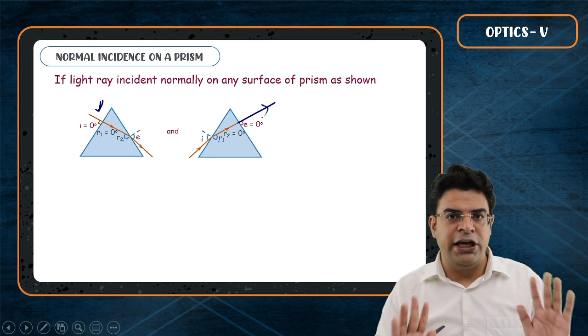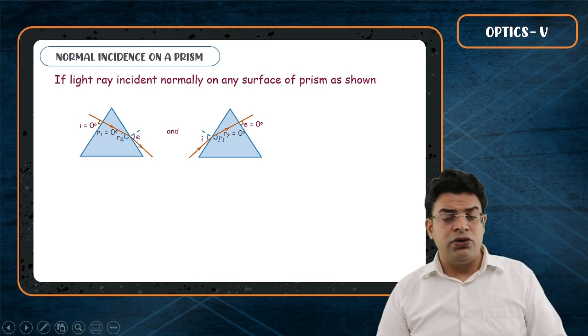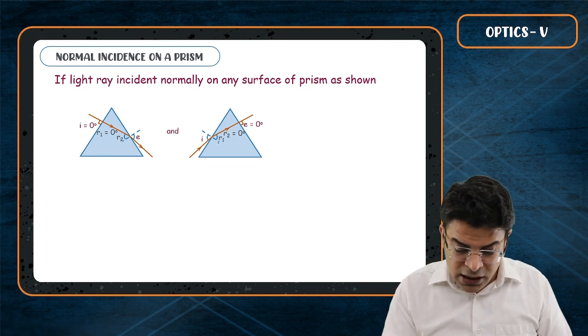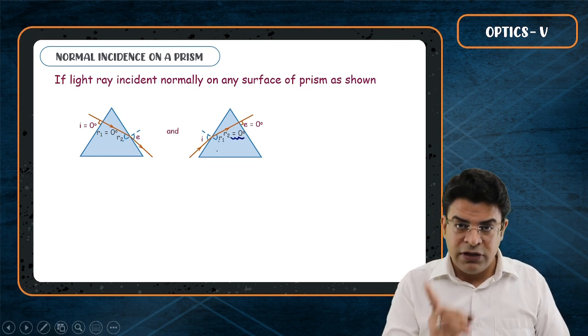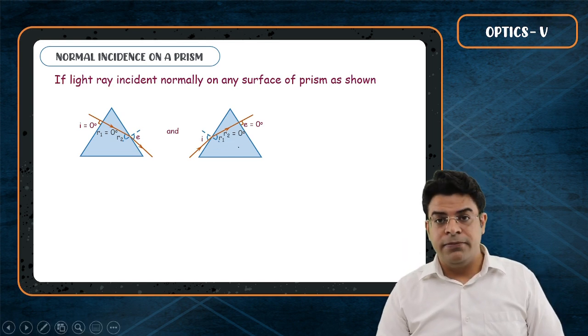Both are the same cases. For the first case, R1 will be 0 and R2 will be equal to A. For the second case, R2 will be 0 if the final emergent ray comes out normally, and R1 will be equal to A.